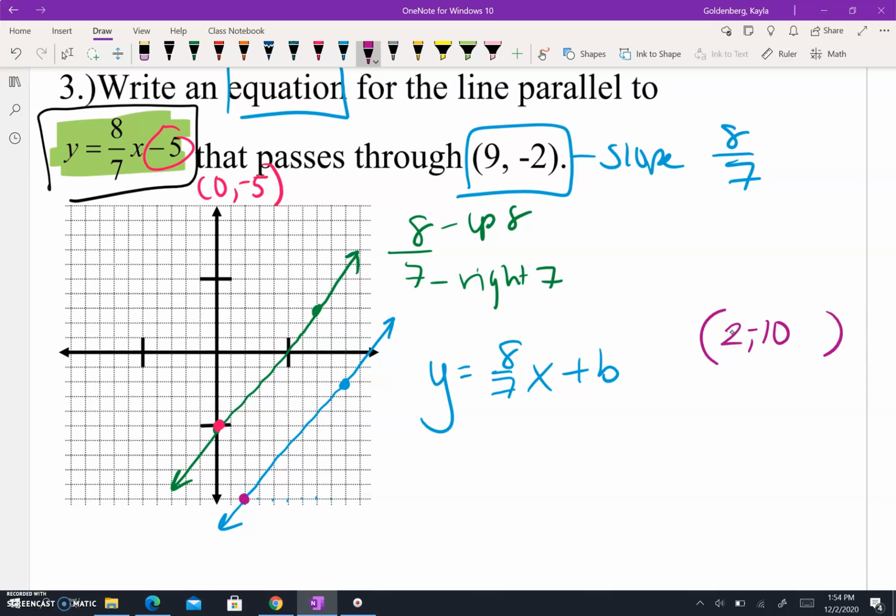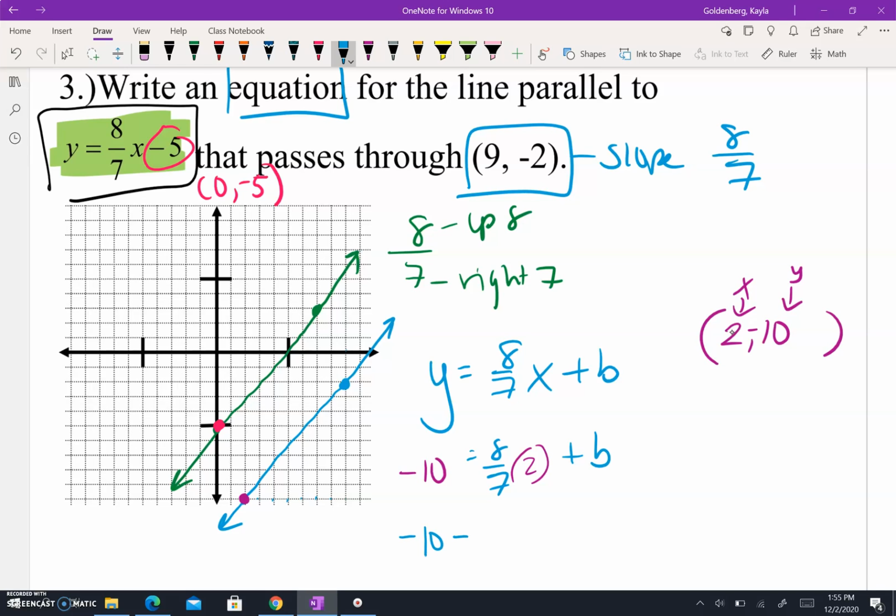So I know that when x is 2, y has to be -10 according to that point. So if I plug in a -10 for my y, leave my 8/7 x. Oh, and x, sorry, should be a 2, right? We're saying x is 2 and y is negative 10. And then plus b. And now what's really nice is I'm able to solve for b algebraically.